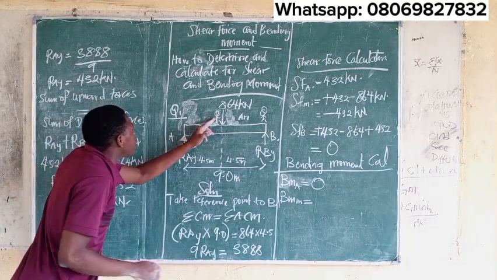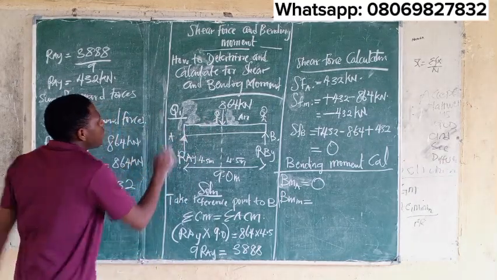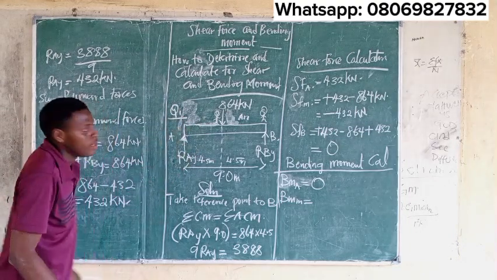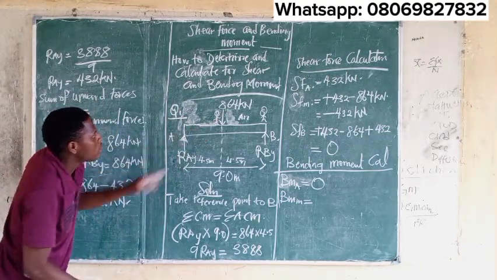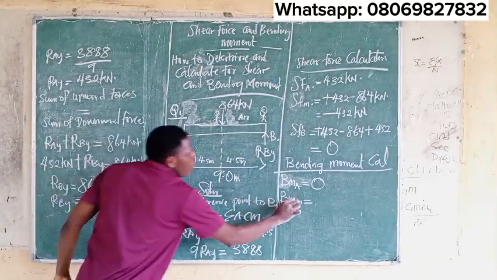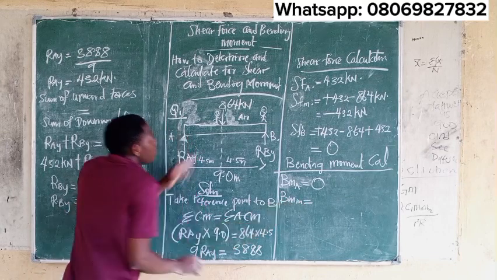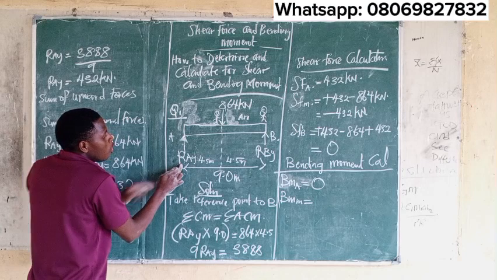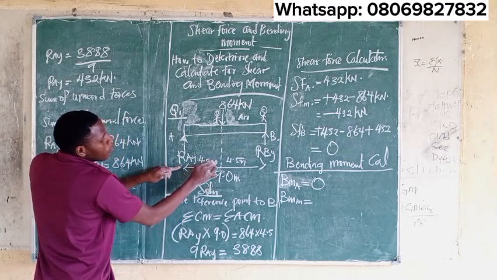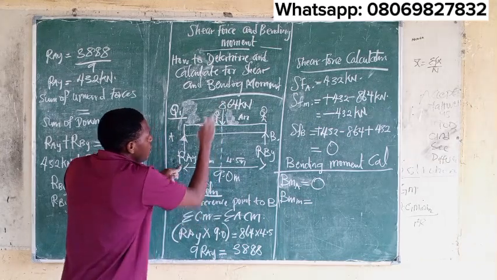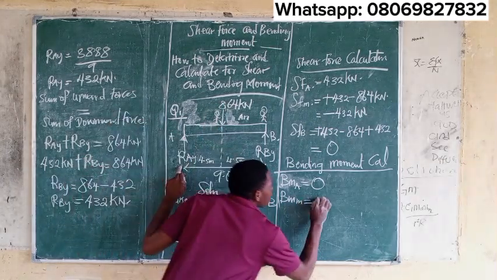What is the force you are seeing at this point, and what is the distance from that point to where you are standing? This is the force, RA. So your bending moment for the midpoint is simply RAY, which is this, with your distance, which is what? 4.5.